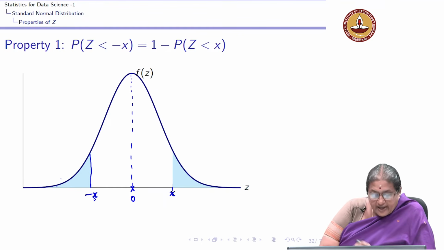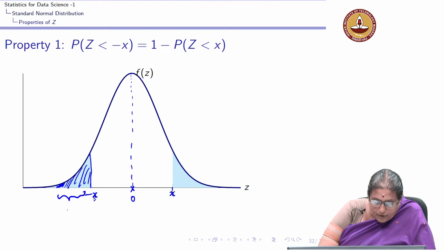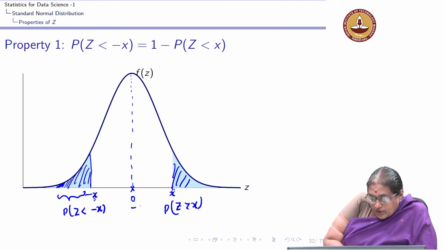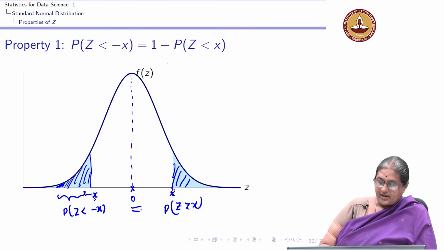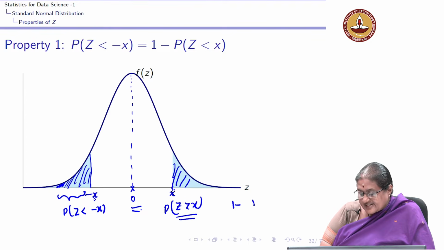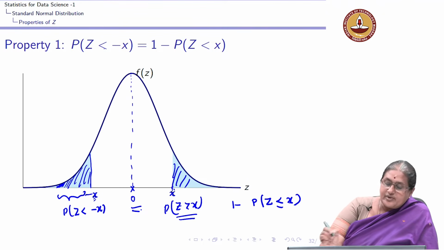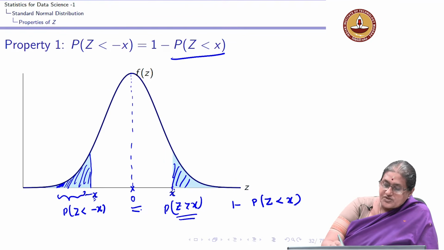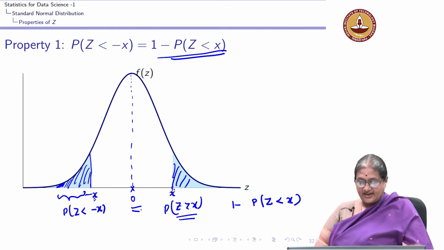Using the symmetric nature, this shaded region gives me the probability of Z less than minus x, and this shaded region gives me the probability Z is greater than x. Both of them are the same. But the probability Z is greater than x is the same as 1 minus the probability Z is less than or equal to x. Hence, the probability Z is less than minus x is the same as 1 minus the probability Z is less than x.